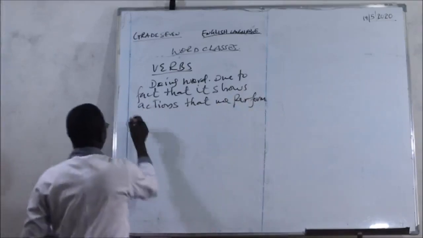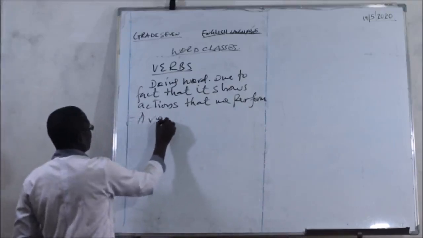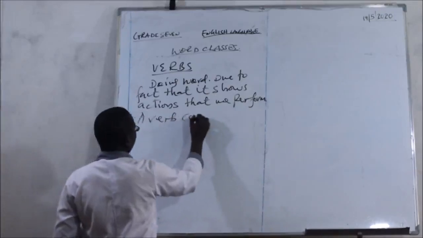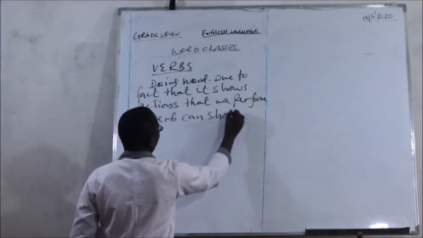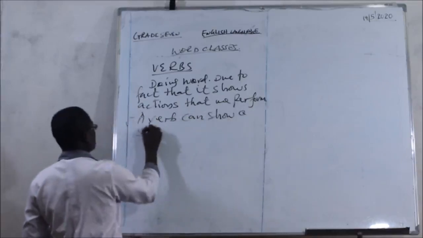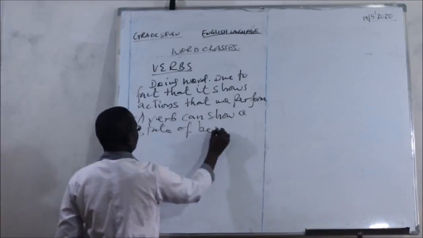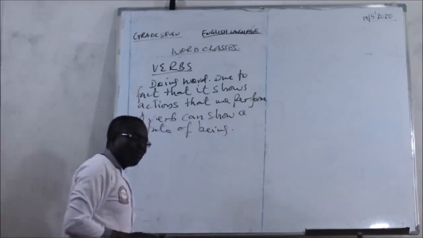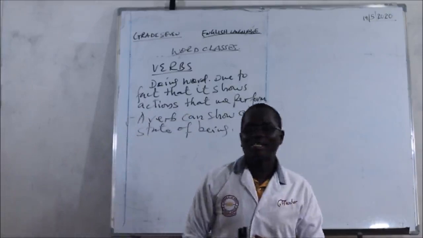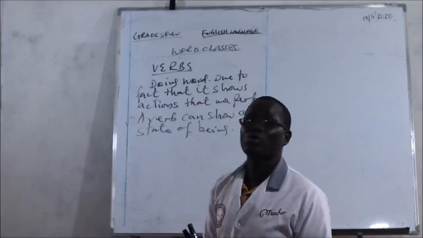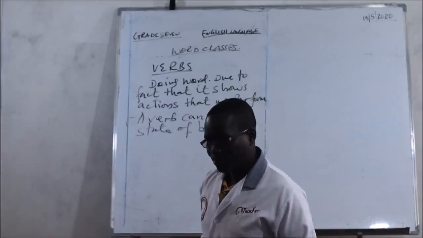A verb can show a state of being. With a state of being here, we mean a scenario or situation where a person may be in.